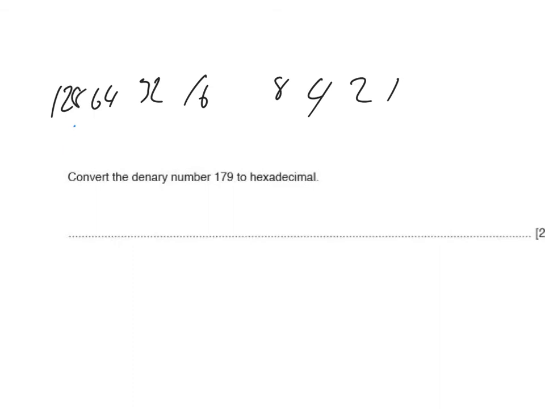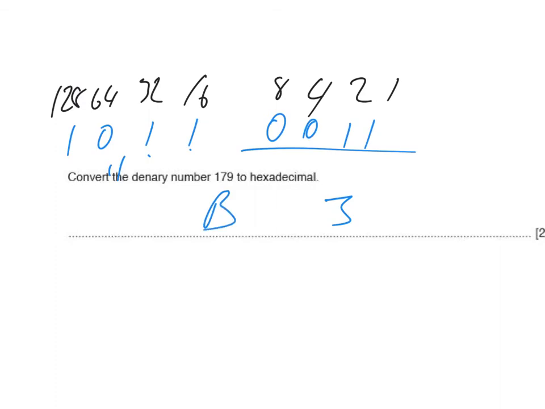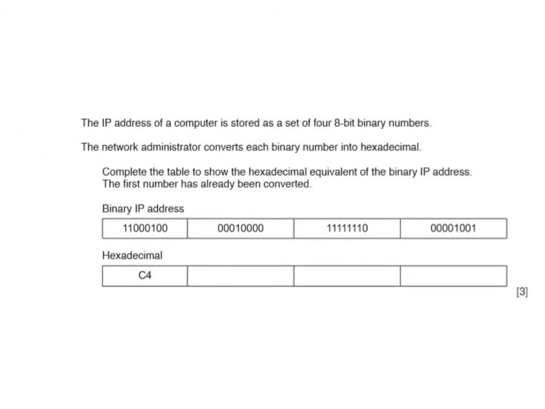So 179 take away 128 leaves us with 51 remaining, so 0, 32, and 16 is 48, and then 3. So we end up with 3 for the first nibble, and then we are 1, 2, 3, and 8 is 11, which is B3. Double check for me.